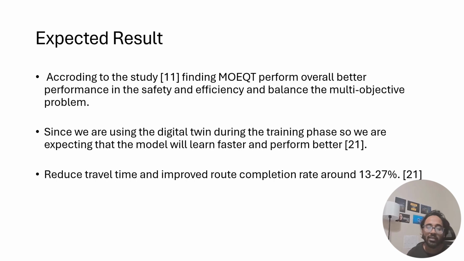They illustrate that if we use the digital twin in the training phase, then the model will learn quickly and perform better. The third one is that it will reduce time and improve the route completion rate by around 13 to 27%.